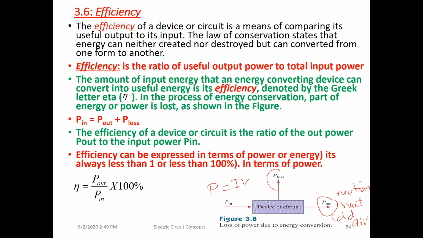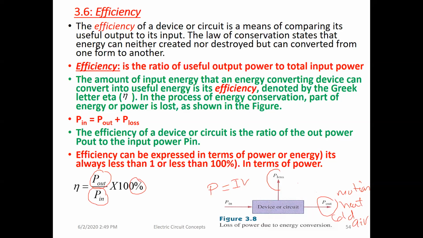So efficiency can be expressed in terms of power or energy. It's always less than 1 or less than 100%. In terms of power, we have to know the output power and the input power, then divide and multiply by 100, and this is the percentage term.